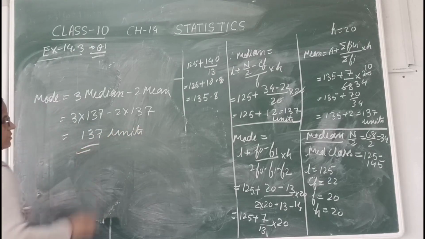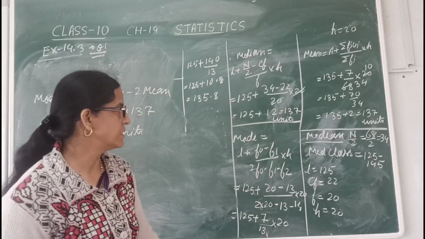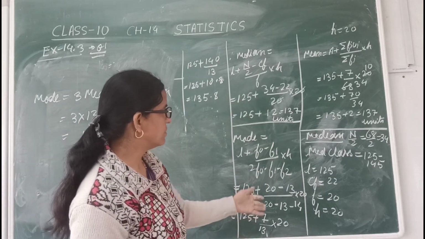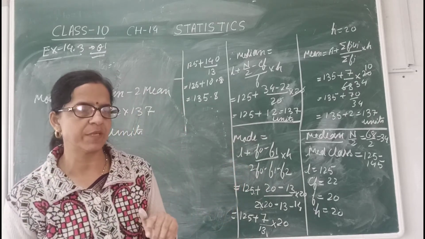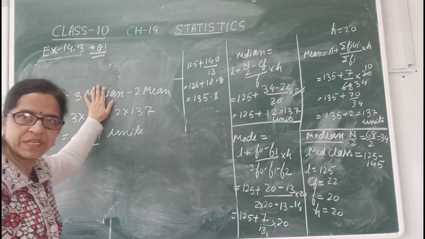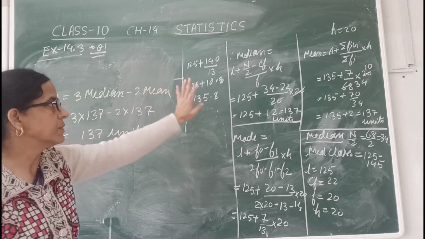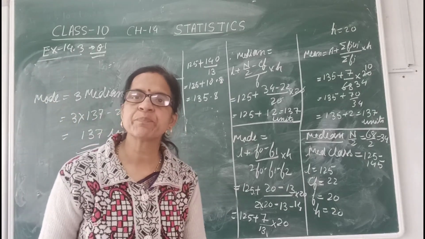So by empirical formula, mode is coming to be 137 units, and by the formula it was coming as 135 point something, 136 to some extent. So approximately the values are equal, and if it is asked to find by empirical formula, you will calculate mode by this formula, otherwise by the formula.